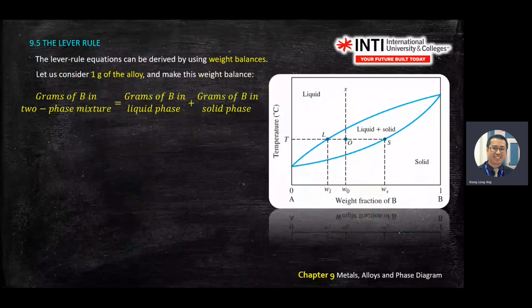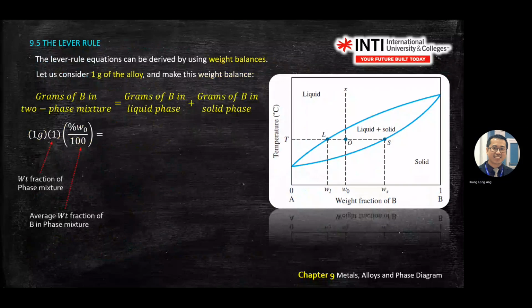So 1 gram will have some how many percent in liquid, how many grams in solid, right? So 1 gram, you times the percentage of W divided by 100 will equal this. This is the weight percentage of the phase mixture. All right, this is the average fraction.